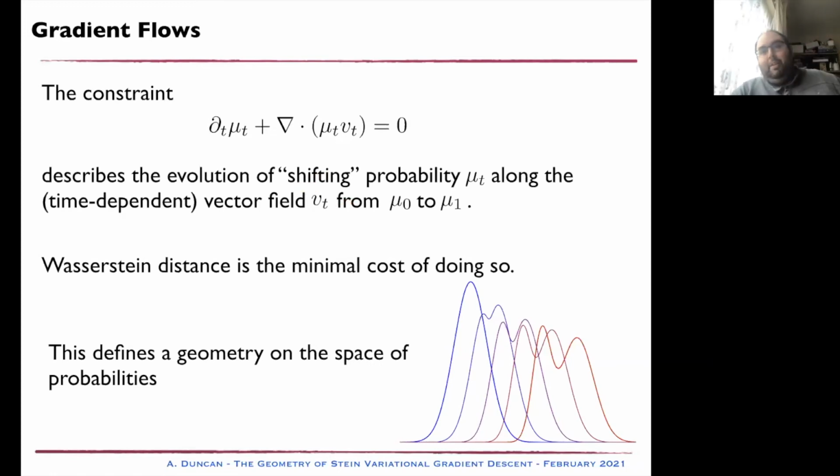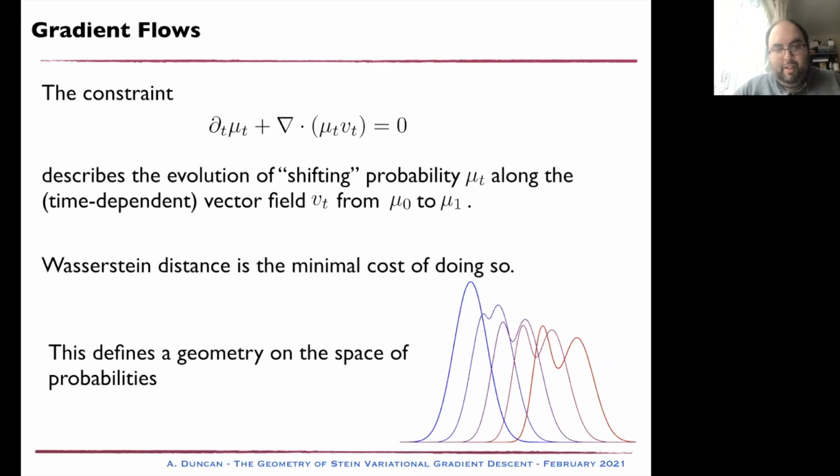If I want to relate it back to the push-forward idea that we were talking about previously, you can think of V_t as like the gradient of the local transport map. It's important that we cannot simply put an arbitrary transformation from mu0 to mu1, as every time we have to make sure that we're still a probability measure. So this constraint guarantees that for every t, mu_t is of course non-negative, and it integrates to 1, so there's no loss of mass.